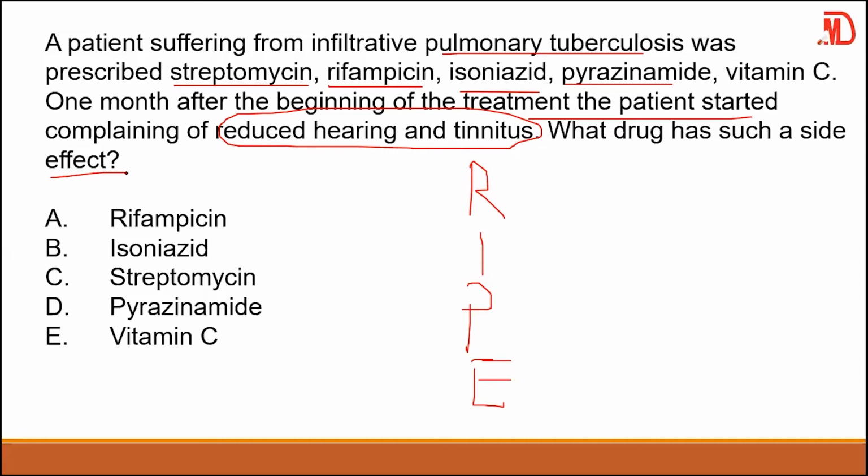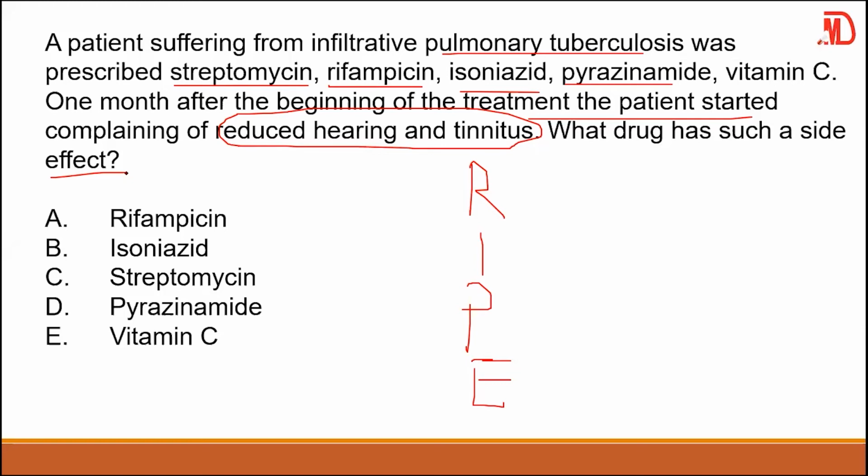Usually, we know that people who take aminoglycosides have problems with hearing, isn't it? And of course, talking about aminoglycosides, I'm specifically telling you that we are talking about streptomycin. Because streptomycin is an aminoglycoside or glycosidic drug.